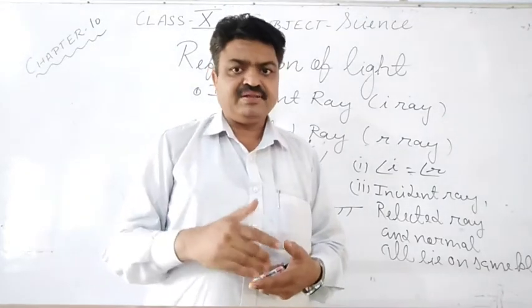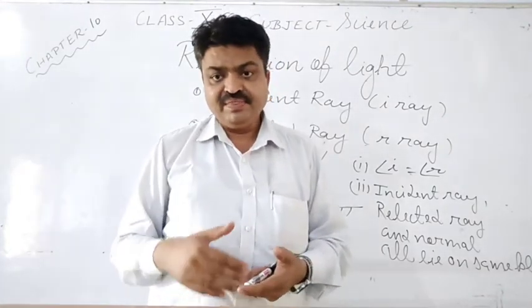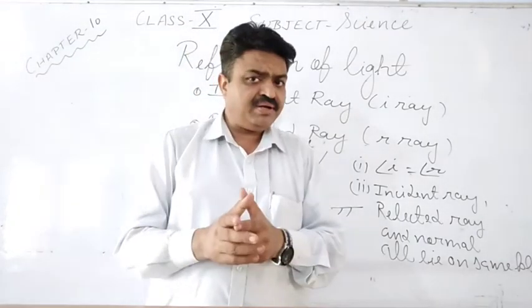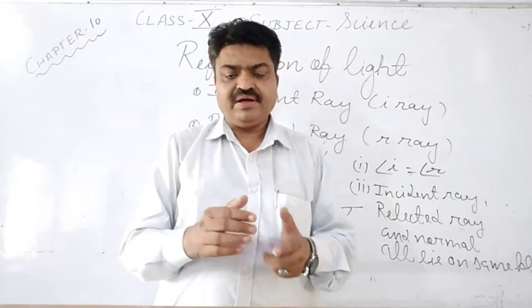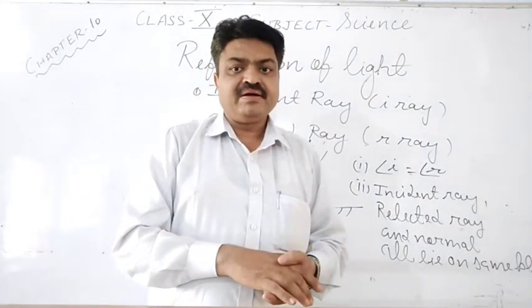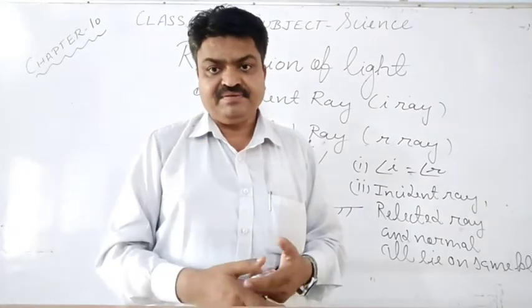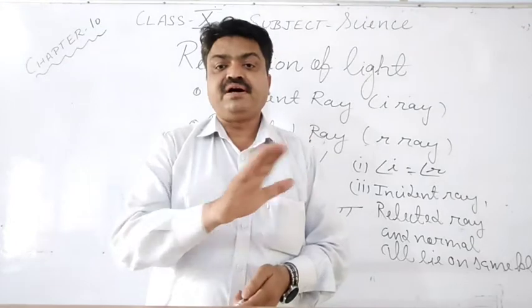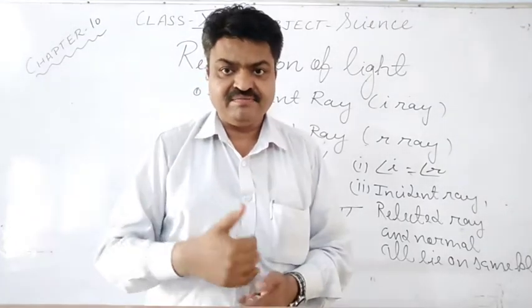In the plane mirror, the image is always formed behind the mirror, and the plane mirror also has a focal length, but that focal length is at infinity, student. Means we can't count it, it is infinite.